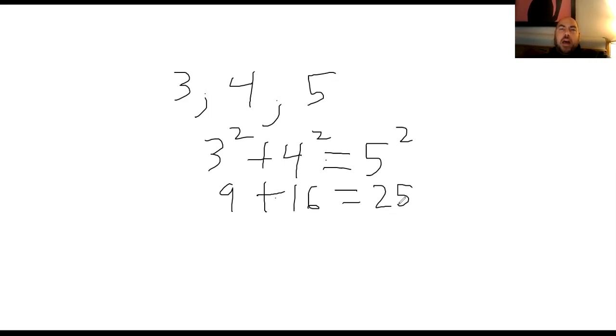But what if they don't equal each other? What if there are problems that don't work? What use then is the Pythagorean theorem other than showing us that it's not a right triangle? Let's say we have a triangle and we see that the sides are 3, 5, and 9.